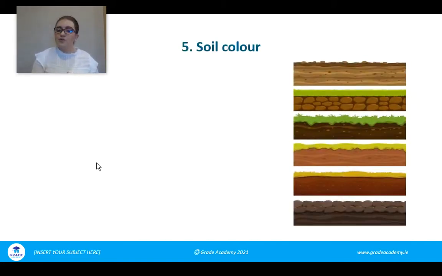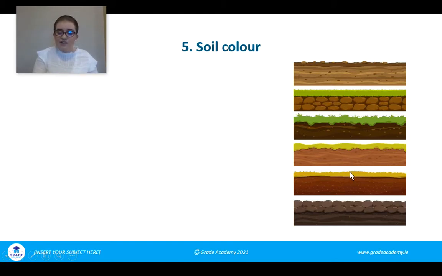So soil colour. If we look at the diagram here before I put up the text, what we can see are different soil types. They've got different colours. Up here you've got different layers, all kind of brown. Here, very dark layers, so you'd have an awful lot of organic matter here, like humus, very fertile.